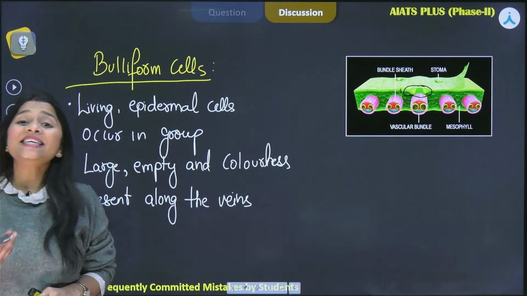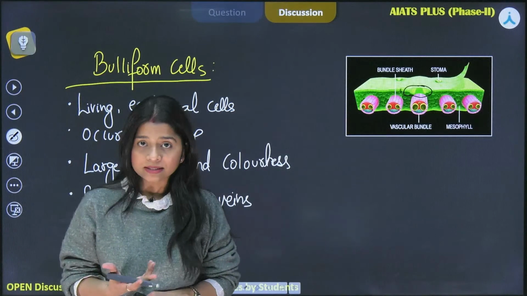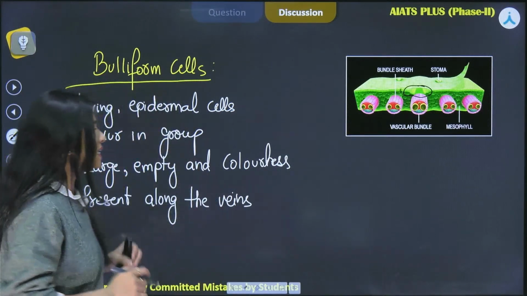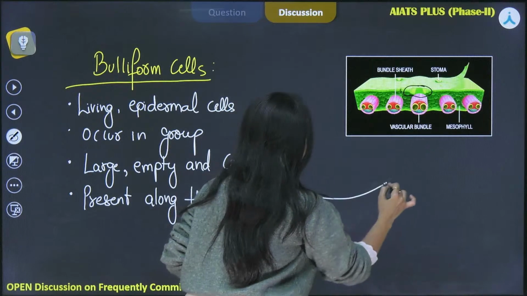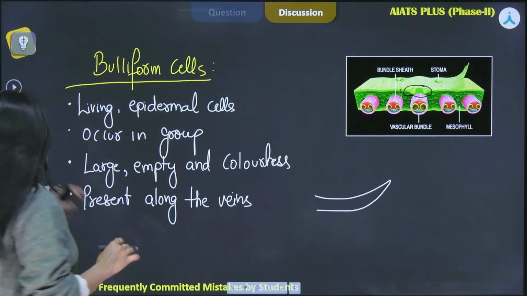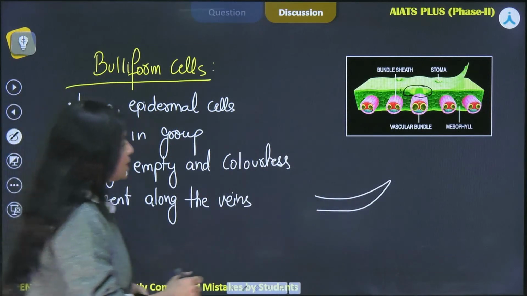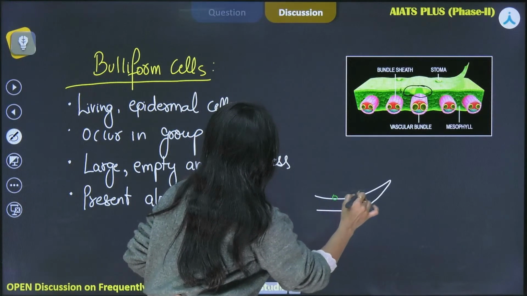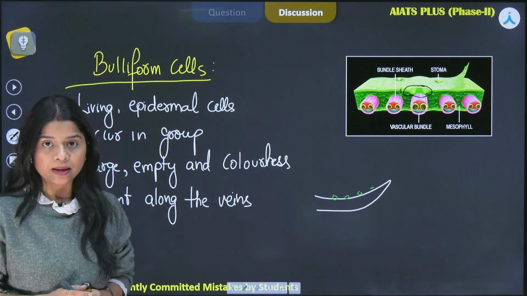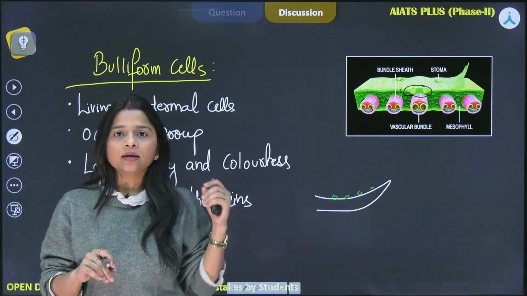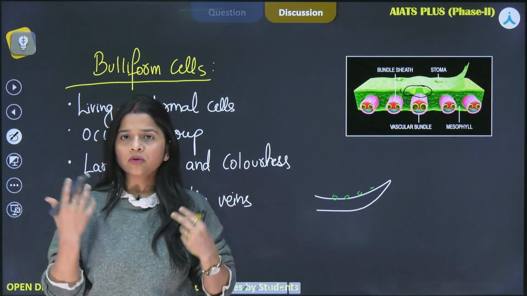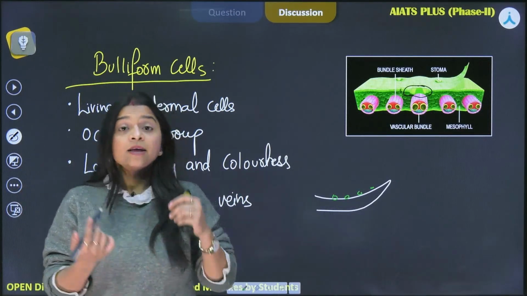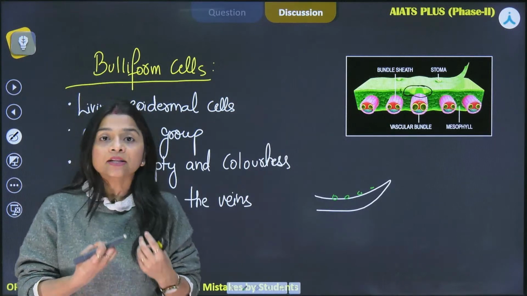Now why are these bulliform cells important? The reason is, let us say this is a grass leaf. Bulliform cells are present over here. Now when there is a water stress condition, the plant has to prevent the water loss.